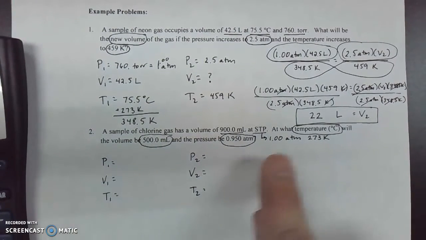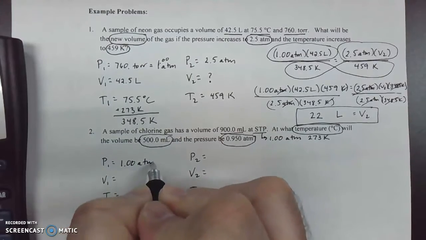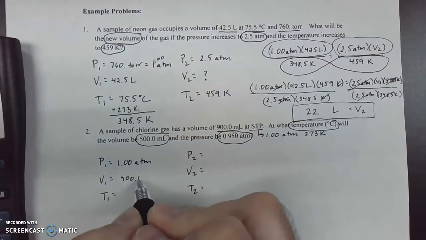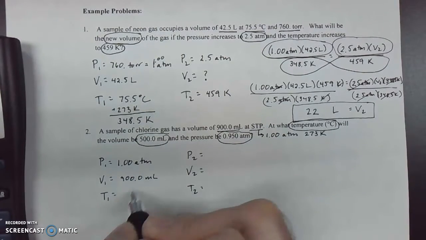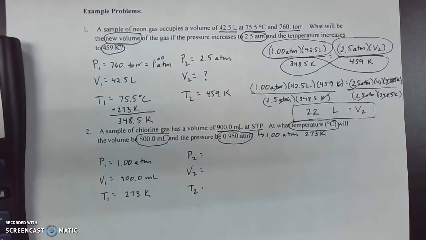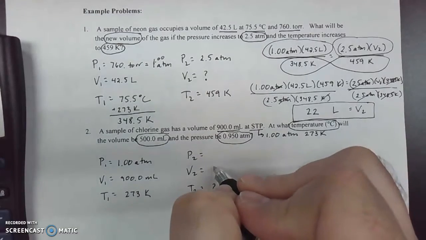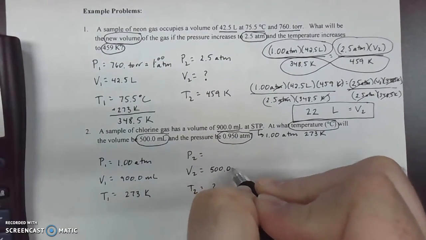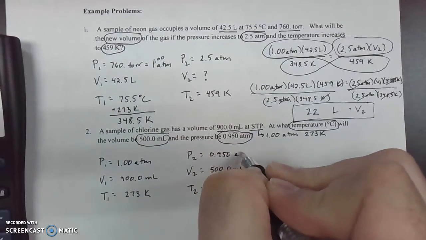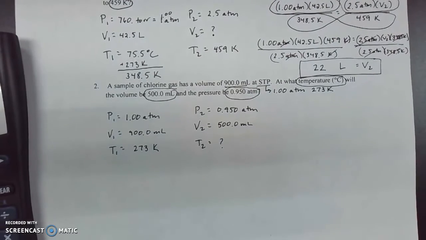So our first pressure was at STP, 1.00 atmospheres. The volume was 900.0 milliliters and 273 Kelvin. We're looking for the temperature at which the volume decreases to 500 milliliters and our pressure has slightly decreased to 0.950 atmospheres.